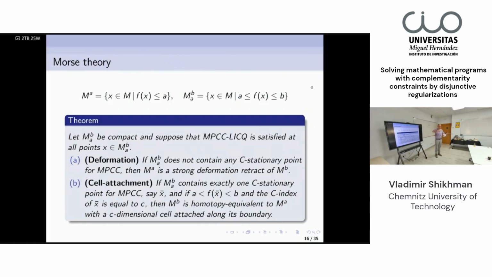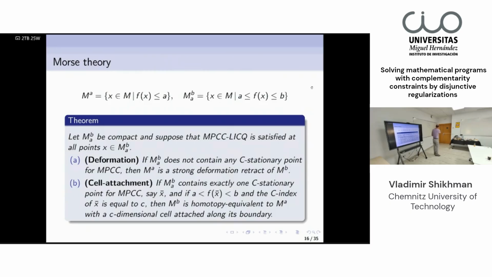So you have a smaller set and a bigger set, you measure the index, and then you attach along the boundary the cell with the corresponding topology. That's what you have. This is what they call Morse theory. This is an algebraic description of change of topology.